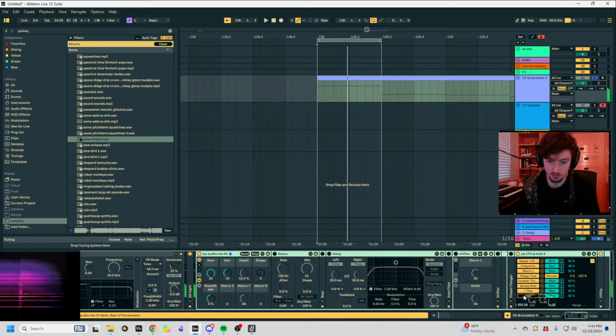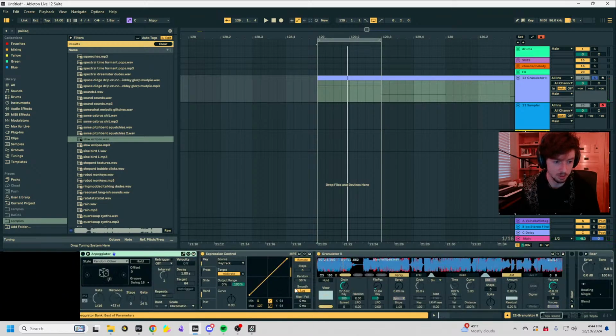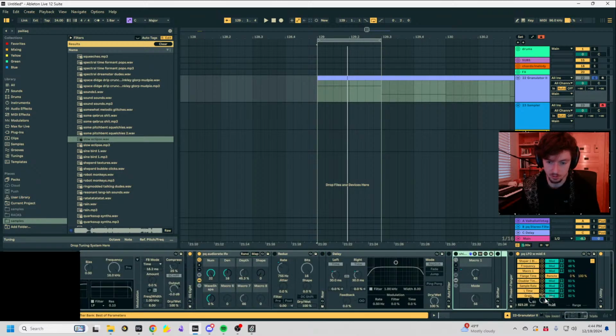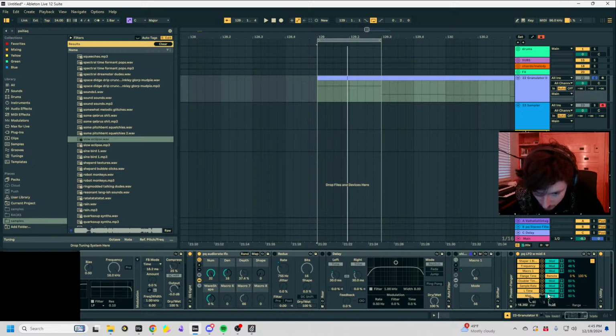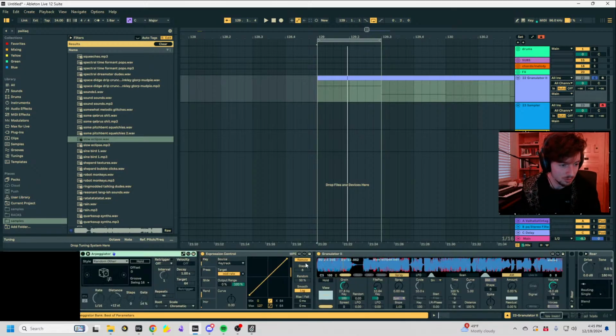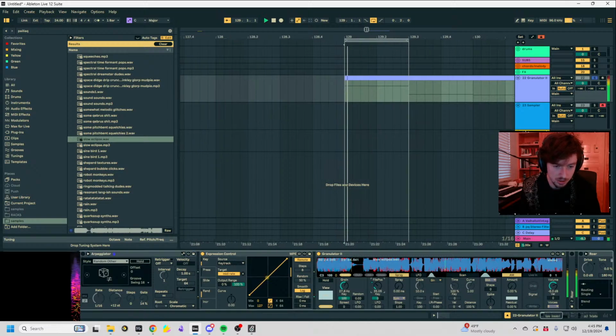Okay, I think this might be cool. I'm hoping. Grain. No, not grain. That was not the right thing. All right, there's too many. Oh no, I can't click on it because the knobs I made in Max MSP are covering it. Okay. File position.